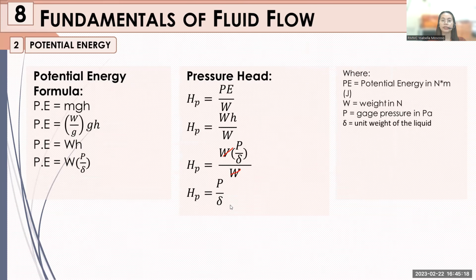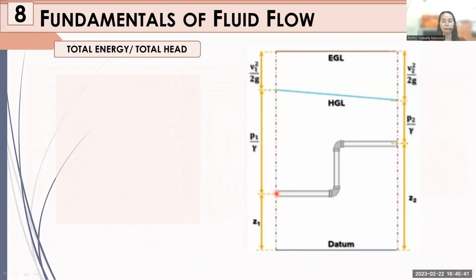So we did discuss three types of head. You have your velocity head, your elevation head, and your pressure head. Your velocity head, that is V squared over 2G. Your elevation head, that is Z. Your pressure head, that is pressure over gamma. Gamma is the unit weight of the liquid. That is the thing na alam nyo na what is gamma.